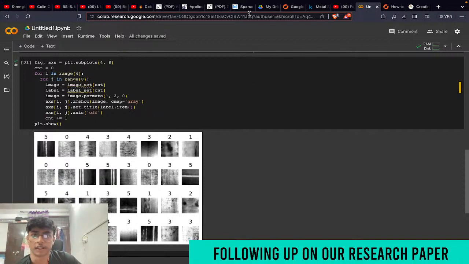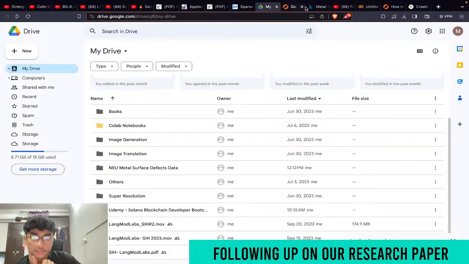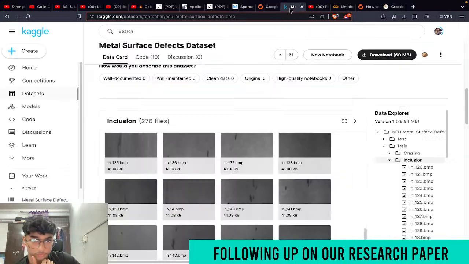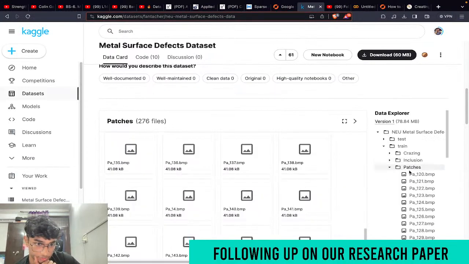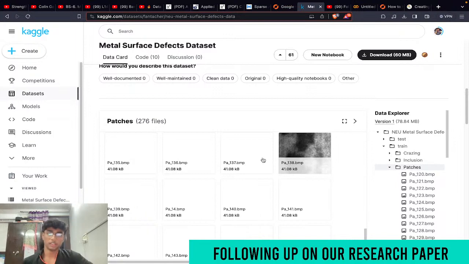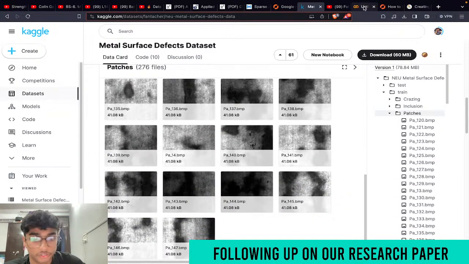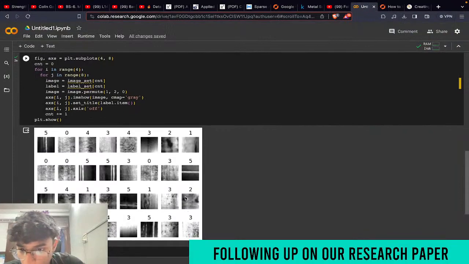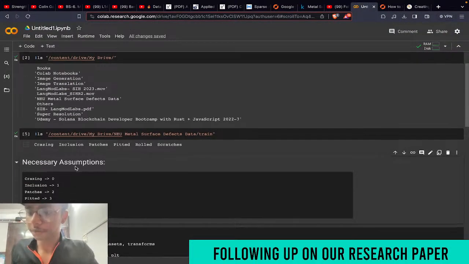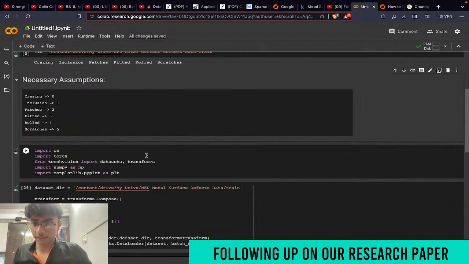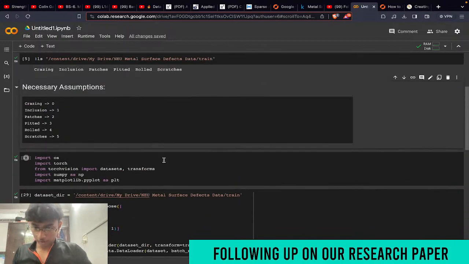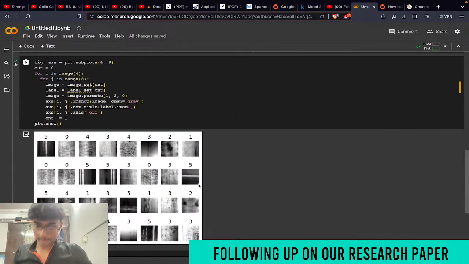Yeah, this must be right, right? Because let's check the patching again. Patching is also a very giveaway kind of a thing. So it has these very dark patches, right? So let's see, do we have them in the two? Yep. So this assumption stands correct. It takes them in alphabetical order. And these are the classes. So we now have our data set.